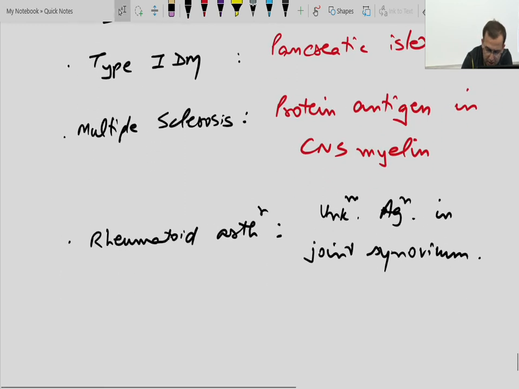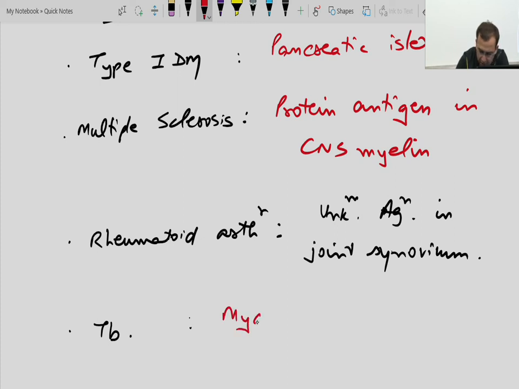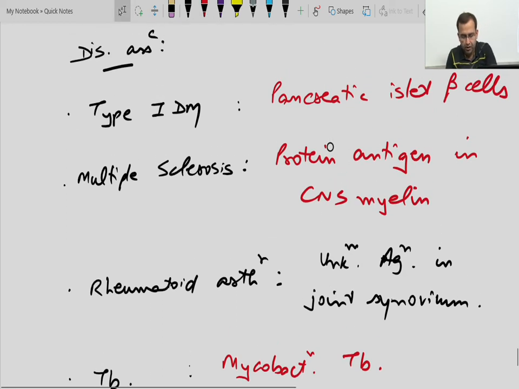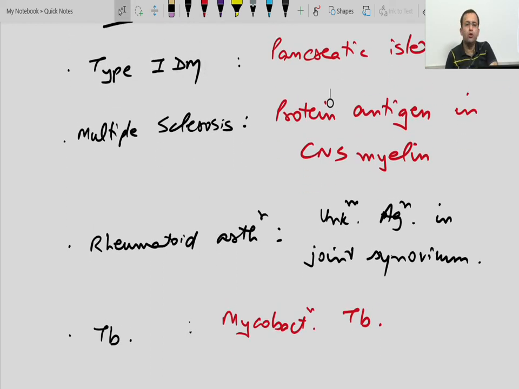The antigen is still unknown in nature. Next, the next disease of course is tuberculosis, where the antigen is Mycobacterium TB. This is type 4 or delayed type of hypersensitivity reaction.